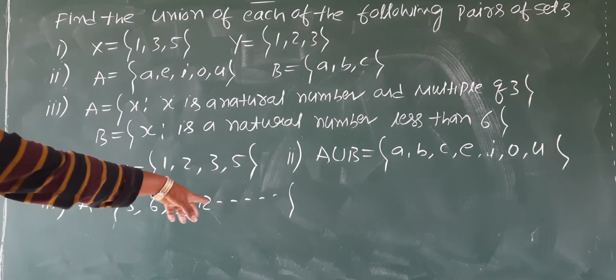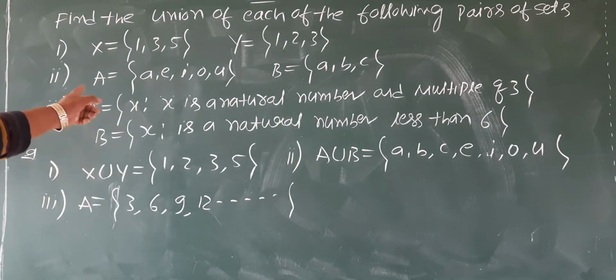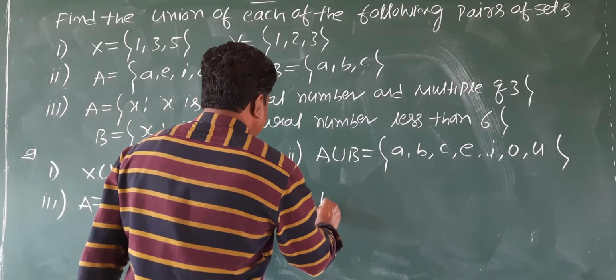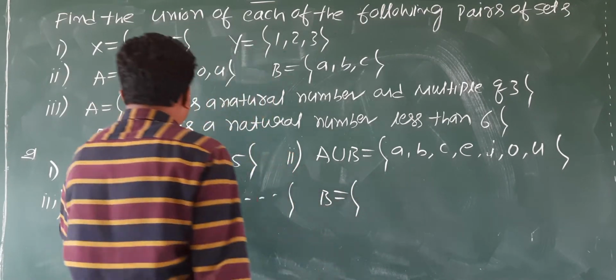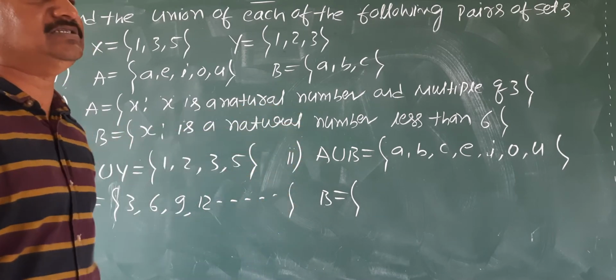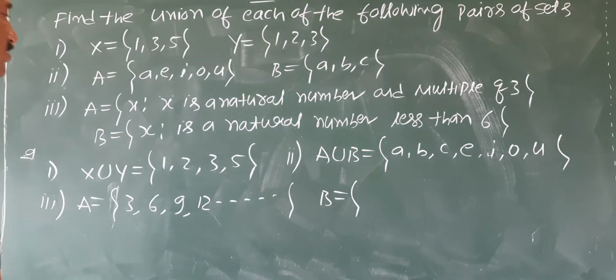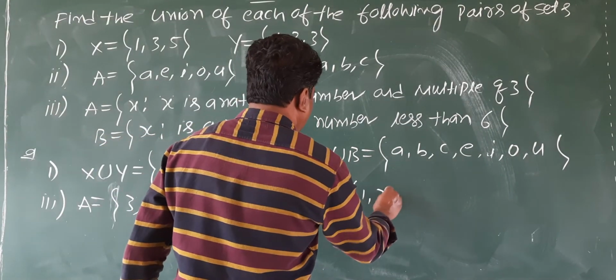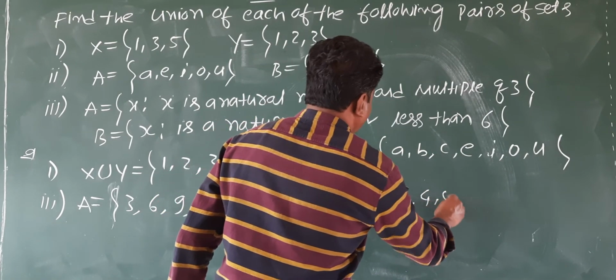Next, set B: x is a natural number less than 6. Naturals less than 6 are 1, 2, 3, 4, 5.